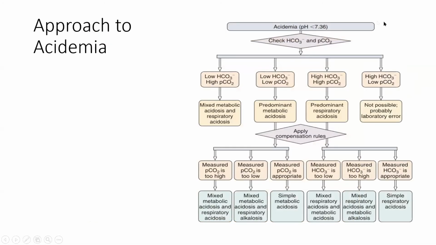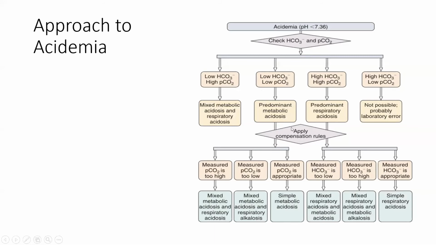Okay, so this is a simple table that is more relevant. For example, if you have a pH of less than 7.35, next you look at your bicarb and your PCO2. If you have a low bicarb and high PCO2, then this is a mixed metabolic acidosis and respiratory acidosis. But if you have a low bicarb and low PCO2, then this is a predominant metabolic acidosis.